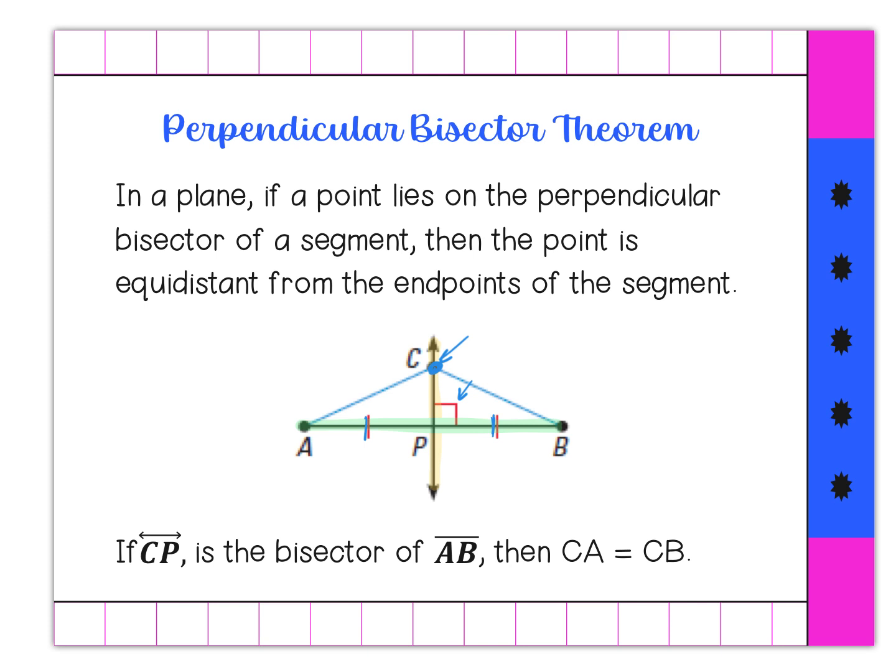Any point that lies on it will be equidistant from the endpoints. That means the segment from C to endpoint A is going to measure the same length as the segment from C to endpoint B. It's going to be equidistant, and that means any line I draw. Notice this red dot, let's call this point D. DB is going to be the same length as DA.